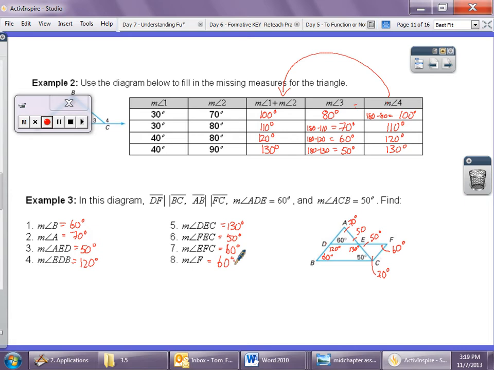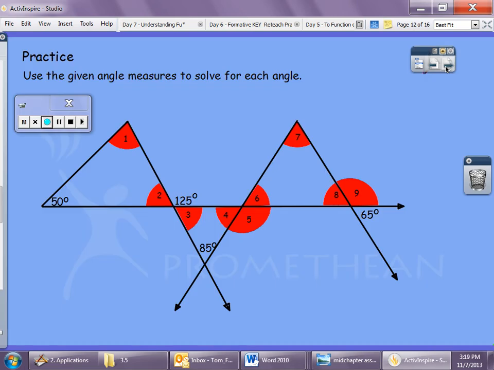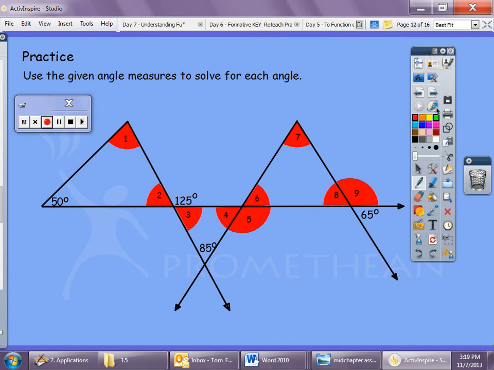So once again, we're looking for alternate interior angles and corresponding angles in the triangle sum theorem. And then the last example down there, try to find all the angles yourself, and then just pause it and then play after you manage to get what all the angles are.